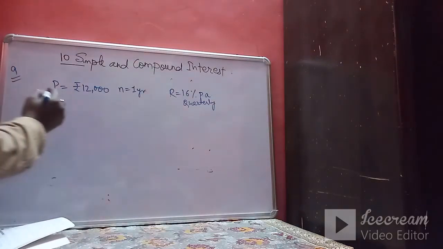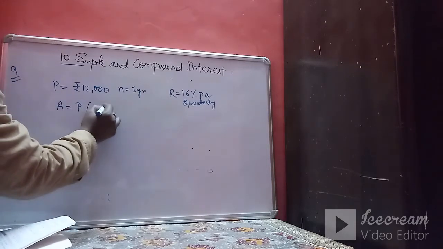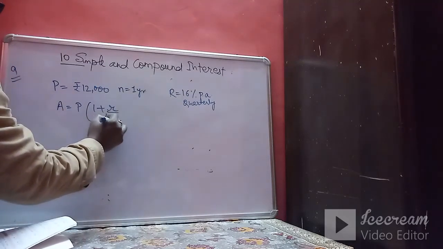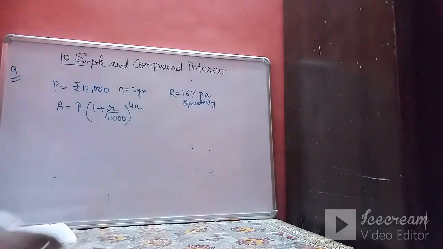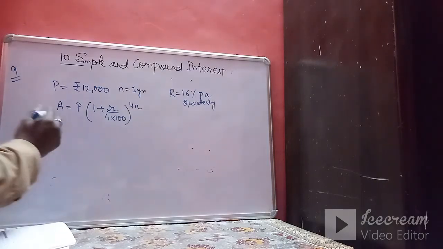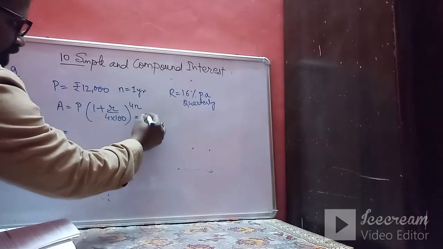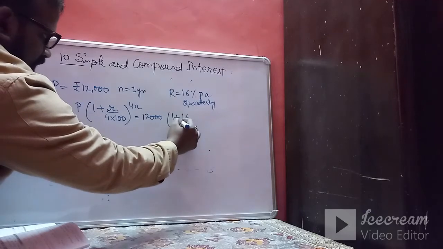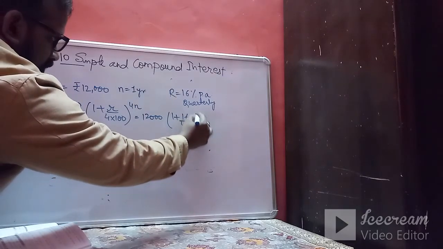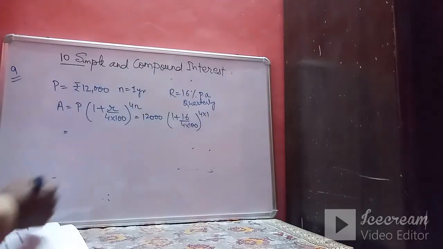First we can calculate the amount by using this formula. Now we will use this formula, r divided by 4 and n multiplied by 4. After putting the values, 16 by 4 into 100, to the power 4 into n, where n is 1 here.